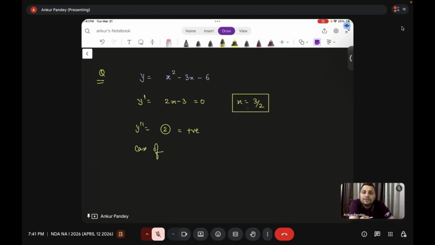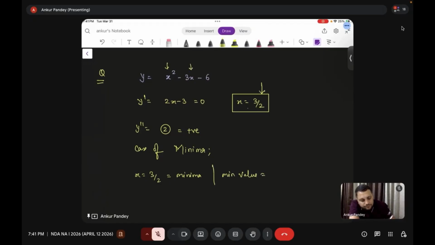Minima or maxima? Minima. Yes. So it is a case of minima. So x equal to 3 by 2 is minima, and the minimum value is when I put x equal to 3 by 2 in this equation.